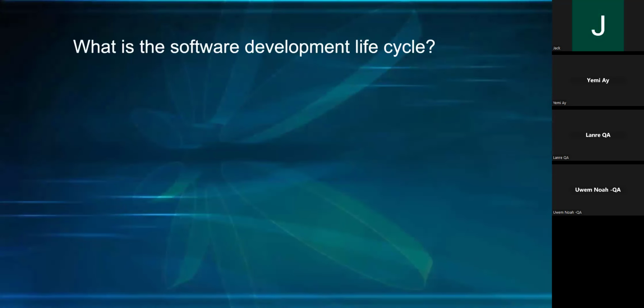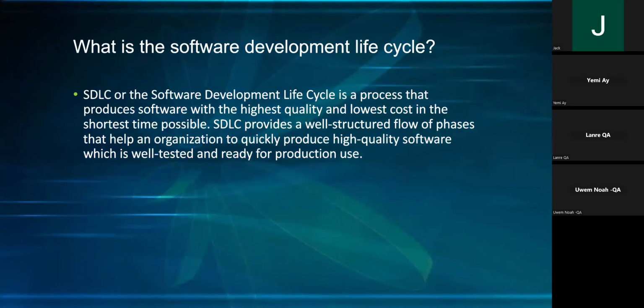So what is software development lifecycle? SDLC, as we call it, is a process that produces software with high quality and lowest cost in a short time. That's the essence of agile.